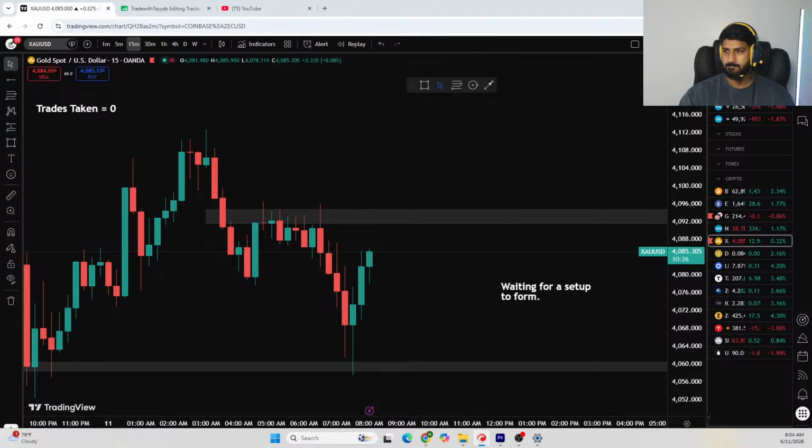Hmm. I think it has created a top wick. Oh, sorry, a bottom wick. It has created a bottom wick. It should continue to push up to 4091.